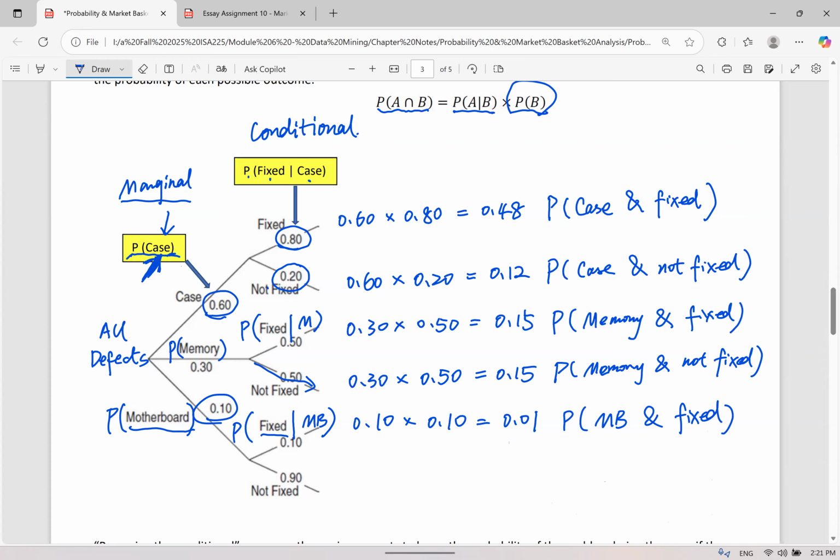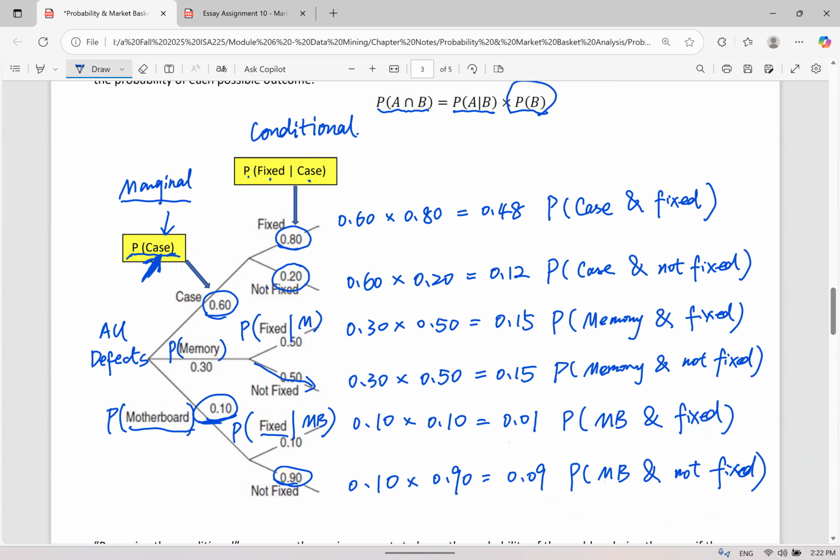The last one is this marginal probability 0.1 times this conditional probability 0.9, which is 0.09. That is the probability that it is a motherboard problem and not fixed. Got it?